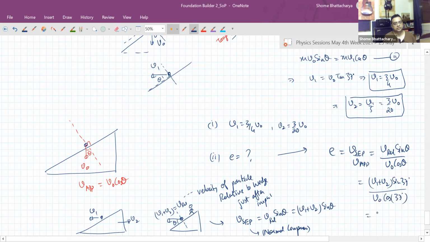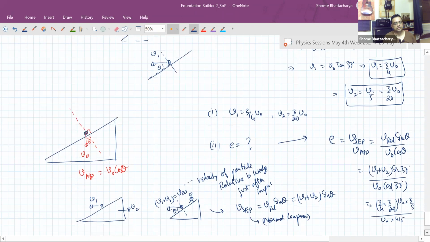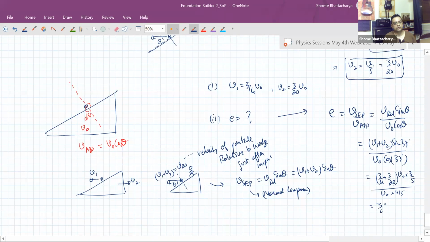So this is 3 by 4 plus 3 by 20, v naught into 3 by 5, divided by v naught into 4 by 5. Okay. So this is 3 by 4. If you take common, 1 plus 1 by 5 into overall 3 by 4. Okay.